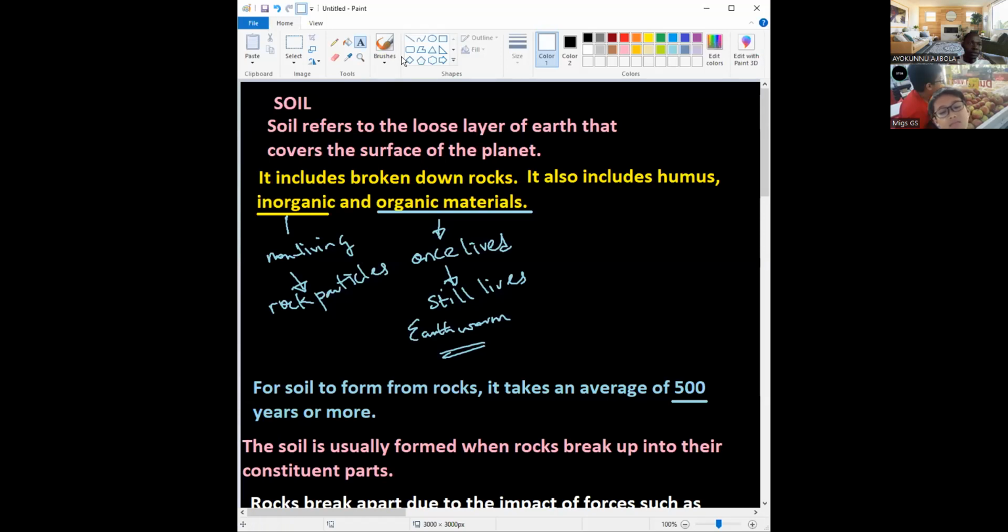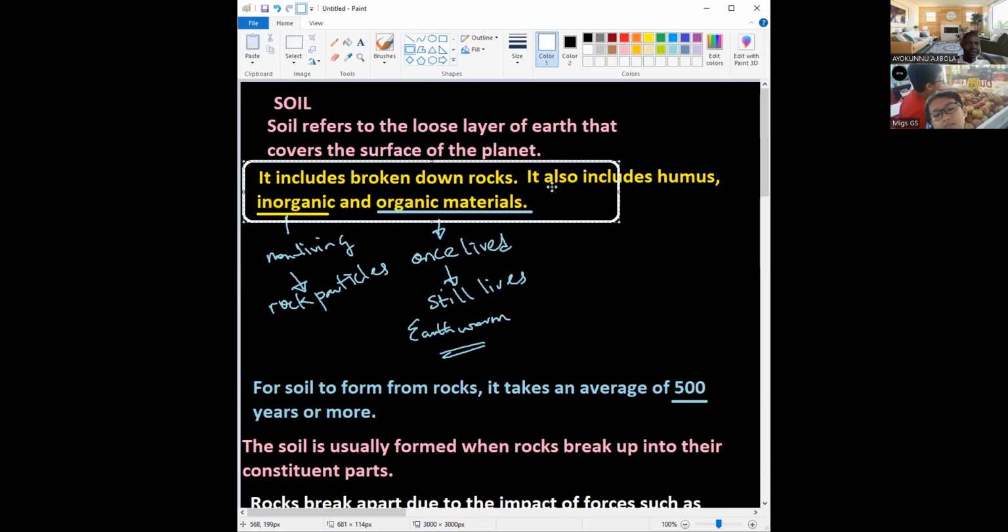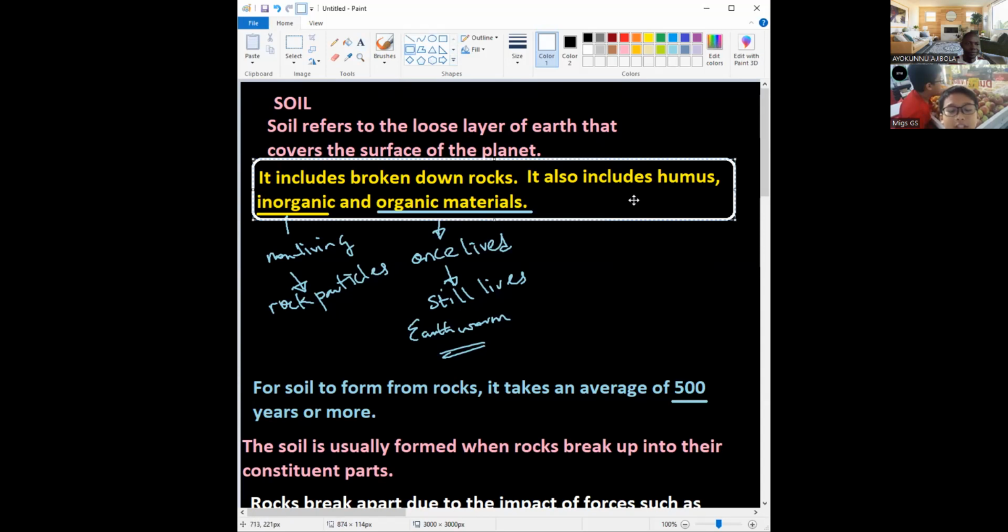So let's quickly revise some of the things we looked at today. Soil refers to what? Read this. The lowest layer of the earth that covers the surface of the planet. It includes broken down rocks. It also includes humus and organic materials.